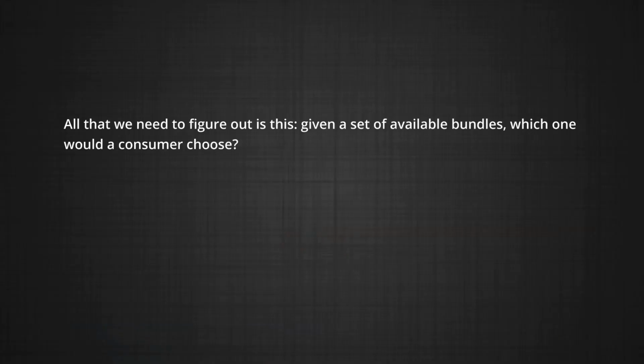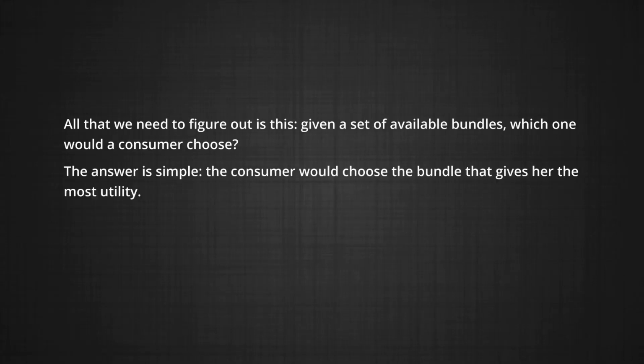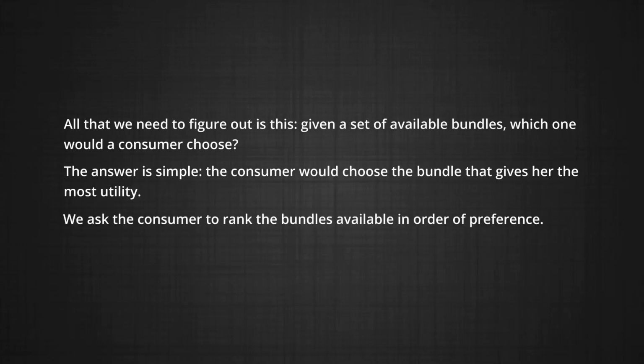All that we need to figure out is this. Given a set of available bundles, which one would a consumer choose? And the answer is simple. The consumer will choose the bundle that gives her the maximum utility. How do we know which bundle gives the consumer the most utility? We ask the consumer to rank all the available bundles in order of preference.